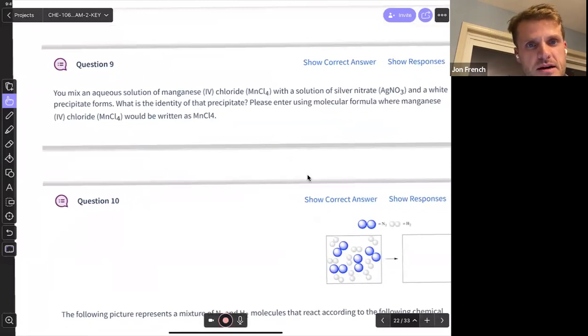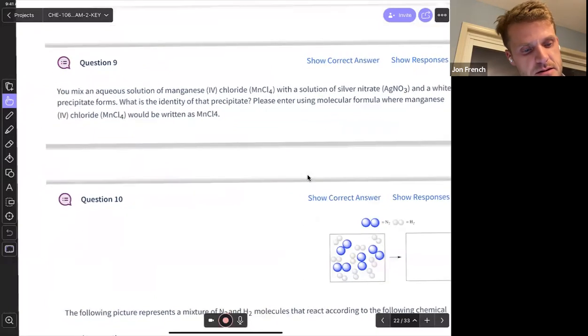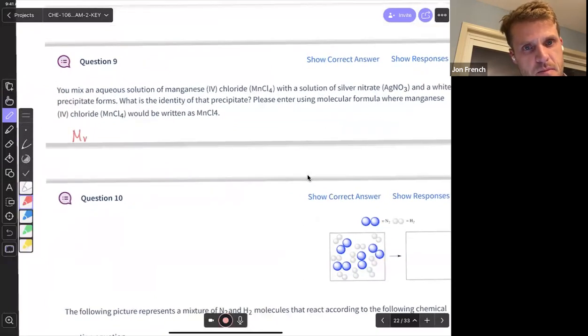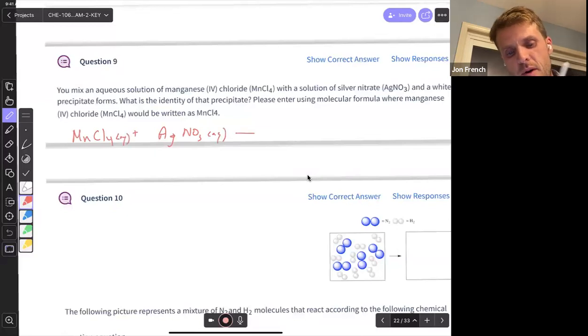So for question 9, 16 is there as well. I mix together manganese fluoride and silver nitrate. Both of those are aqueous, right?